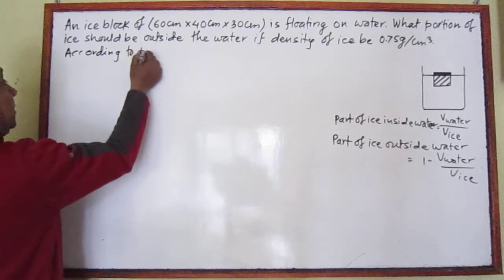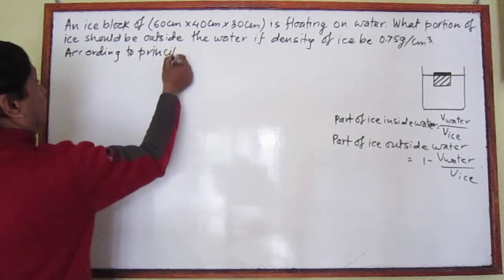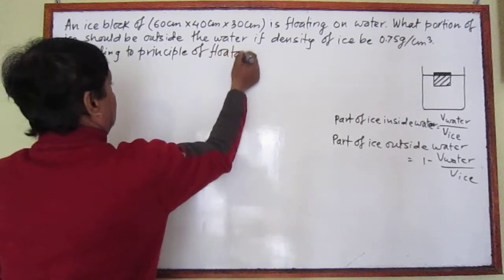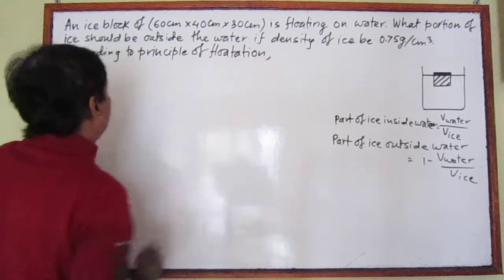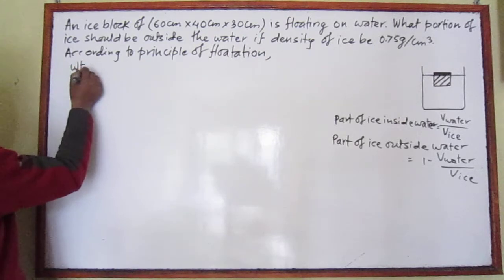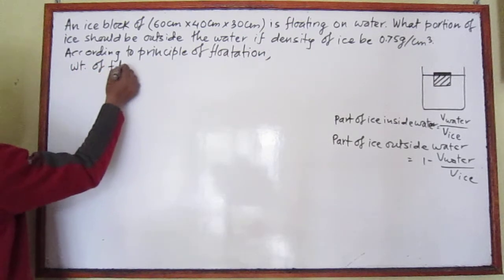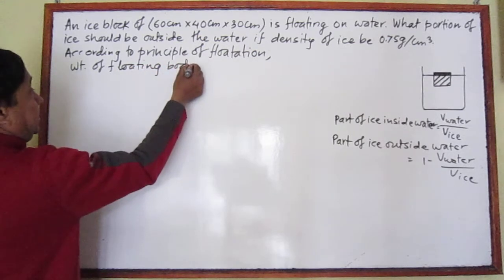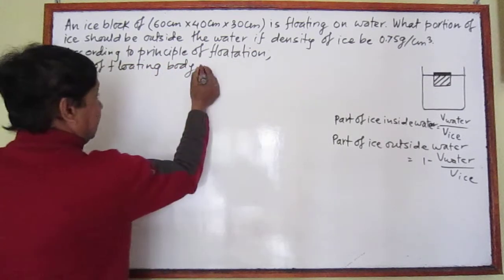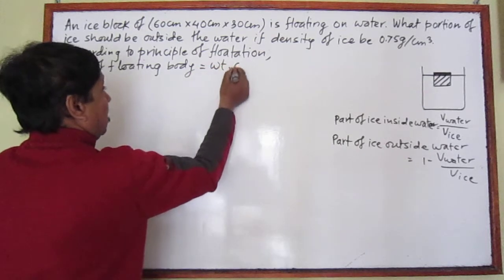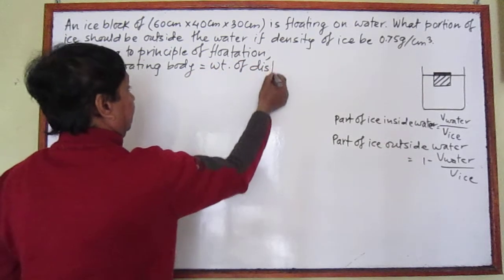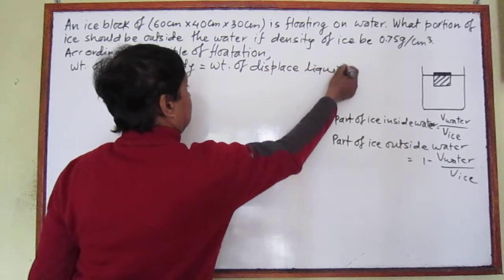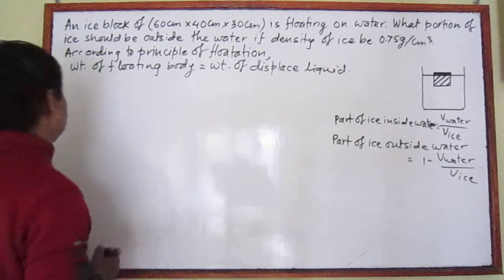According to the principle of flotation, the weight of the floating body, in our case the weight of ice, is equal to the weight of displaced liquid, in our case the weight of displaced water.